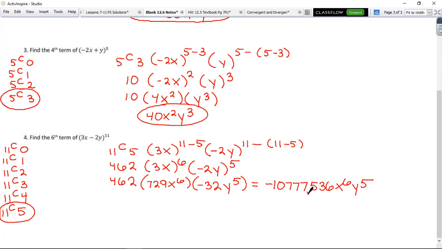So I have comma and comma, negative 10 million, give or take. Okay. Are there questions on finding the specific term or the full-on expansions?